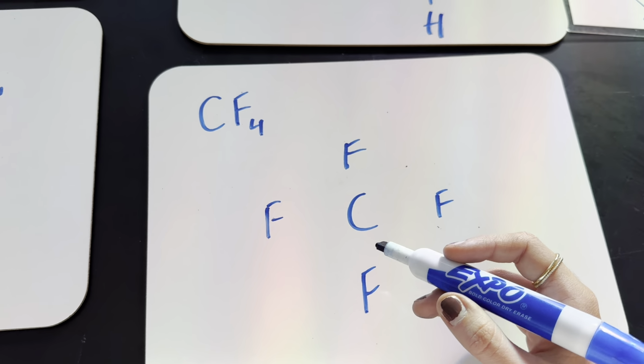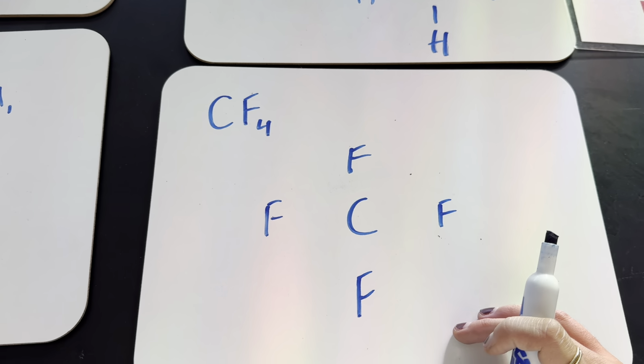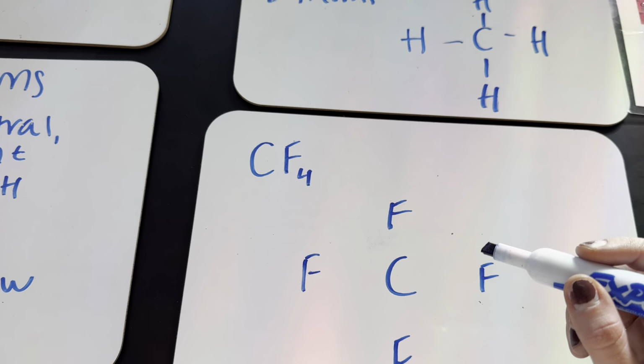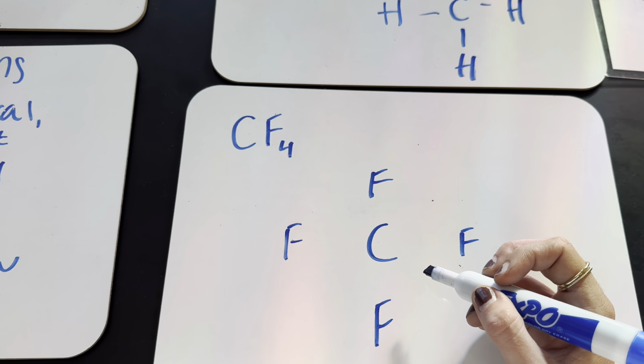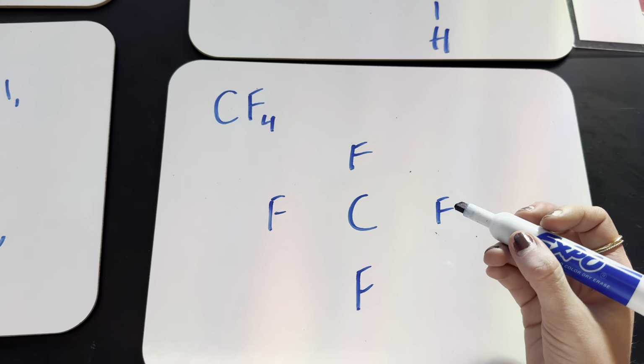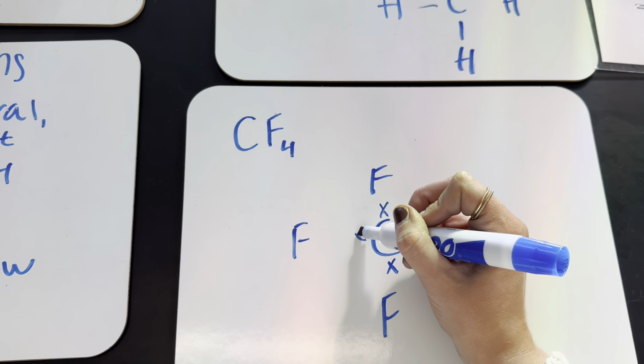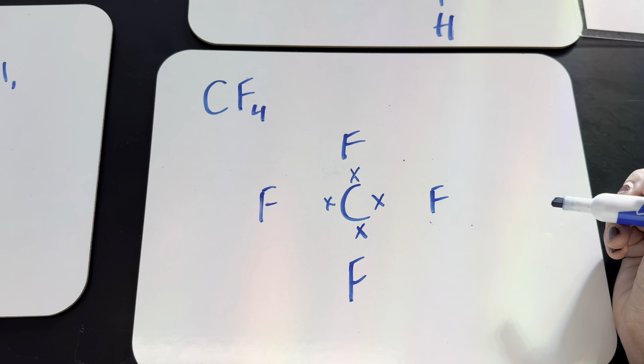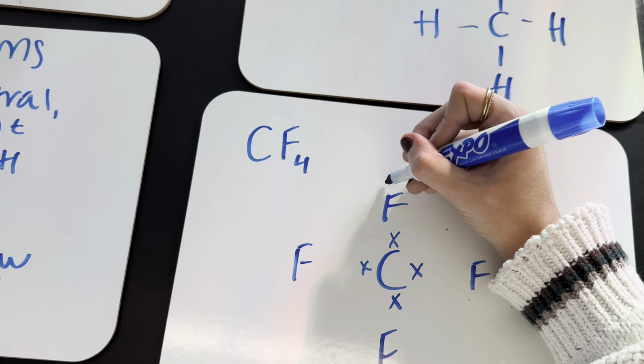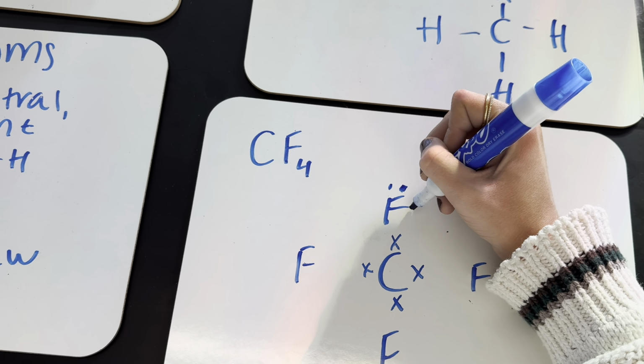So let's just go ahead and do this one just for fun so we can make sure that we have it. So I'm going to draw my dots and X's around my elements. I'm going to use X's for carbon just for fun. And I have 4 valence electrons around carbon. Fluorine has 7 valence electrons. So I'm going to do 1, 2.